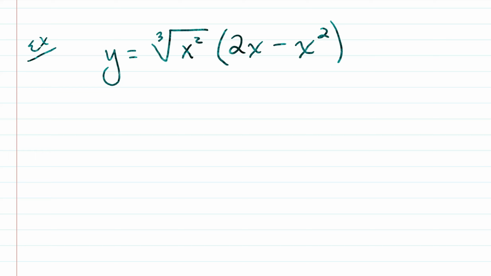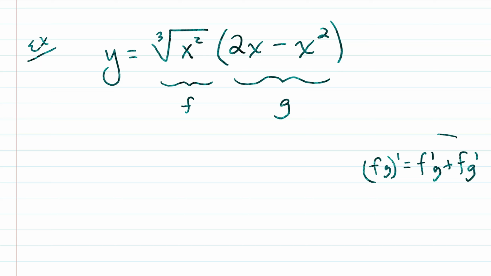We have y equals the cube root of x squared times the quantity of 2x minus x squared. All right, so it looks to me like we have two functions, right? The cube root of x squared is one function, and it's being multiplied times the other function, 2x minus x squared. So that's how we identify the f and the g.